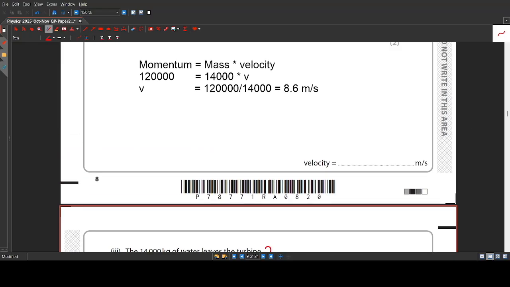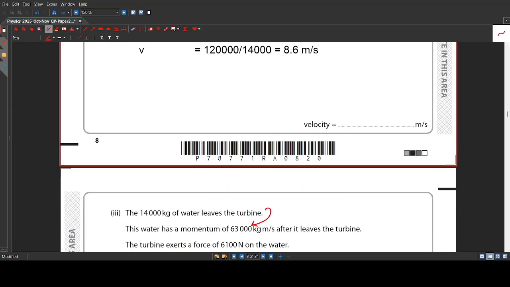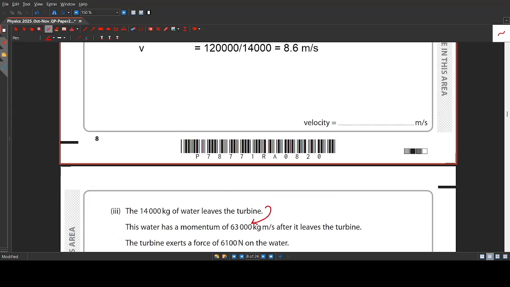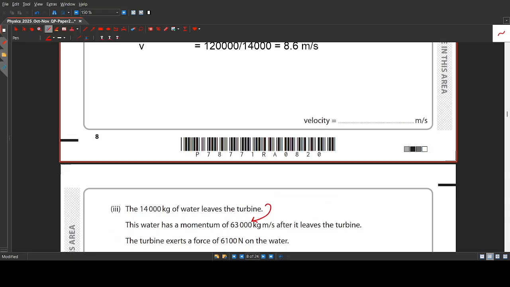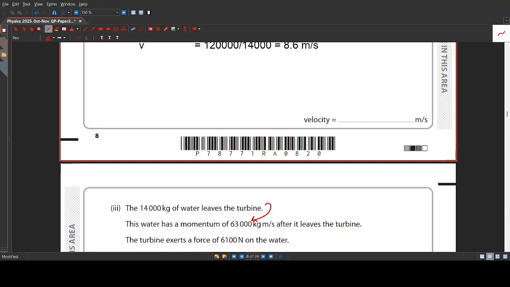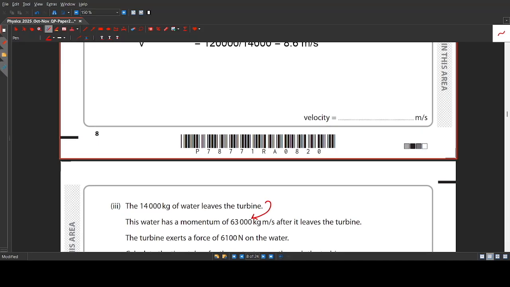So when it enters the turbine, it enters with a momentum of 120,000, and when it leaves, it basically leaves with a momentum of 63,000. So in between entering and leaving, there is a change in momentum, and this change in momentum basically causes the water to exert a resultant force on the turbine, and the turbine also exerts a force on the water as well.